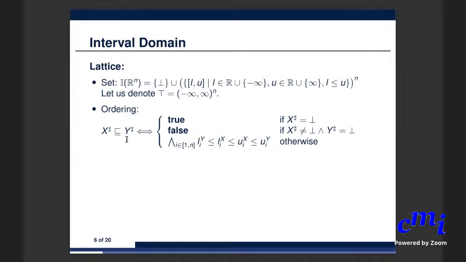And now there is an ordering also defined on the intervals, defined in this way. It is false if one of them is bottom and the other is not bottom. If X hash is bottom, then of course that is always less than or equal.